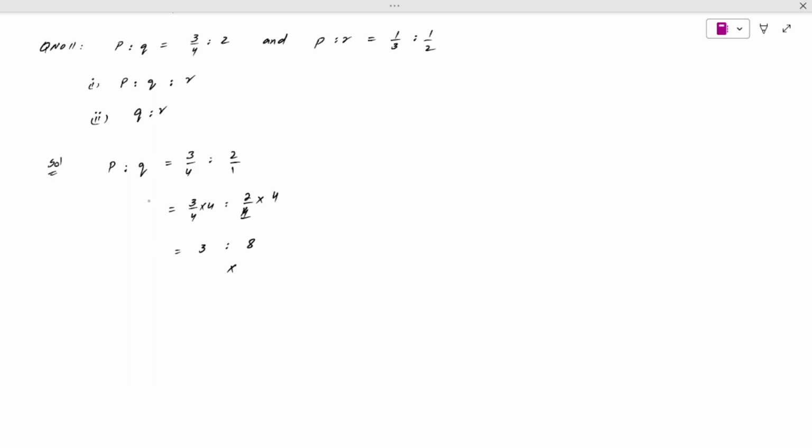So let us multiply this ratio by 2. We get 3 twos are 6, ratio 8 twos are 16. I will tell you why we multiplied it by 2. So the next ratio is P ratio R, which equals 1 over 3 ratio 1 over 2.